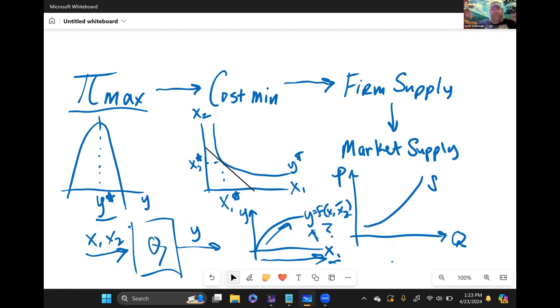And if we make the assumption that firms are profit maximizers, then the decisions that they make are going to be in an attempt towards that particular goal.